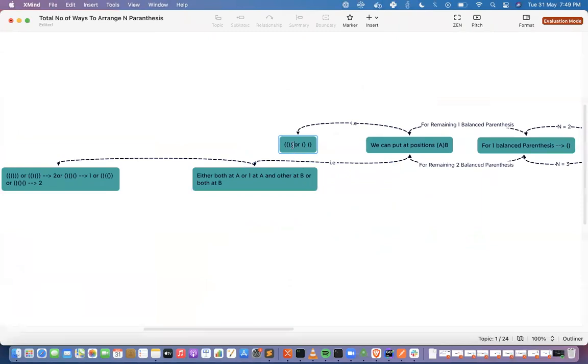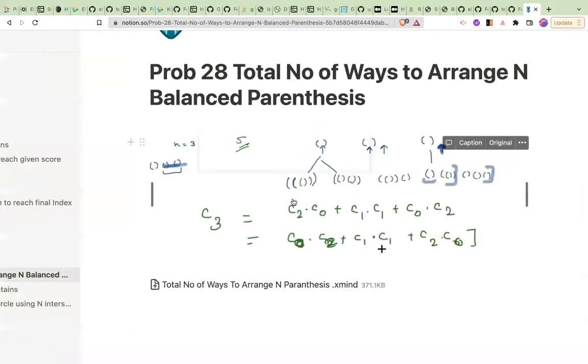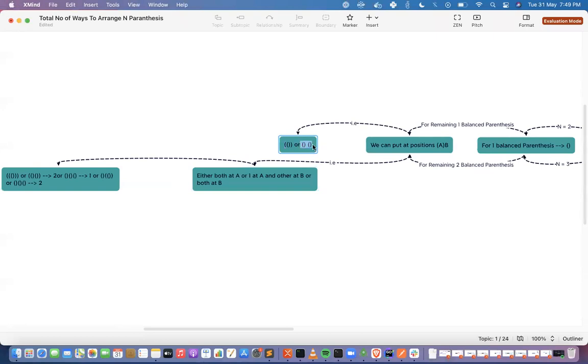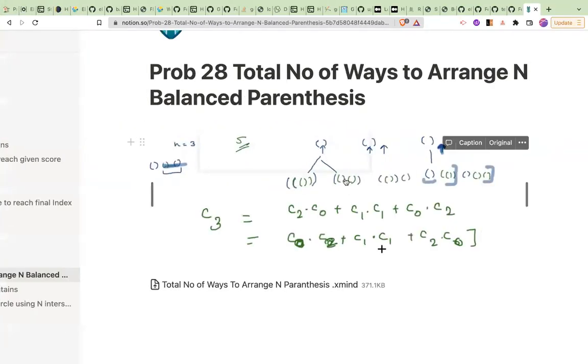So what I'm trying to say here is, because we need to place these two parentheses, one we have already placed, so we have to place two balance parentheses. The two balance parentheses can have choices either this or this. If I want to place these two balance parentheses, I can form this combination. And if I want to place this balance parenthesis at position A, I can form this one. Does this make sense first?